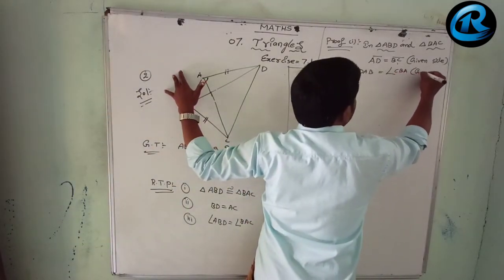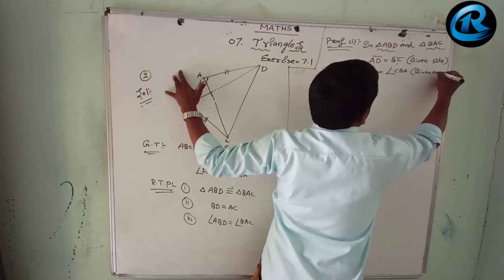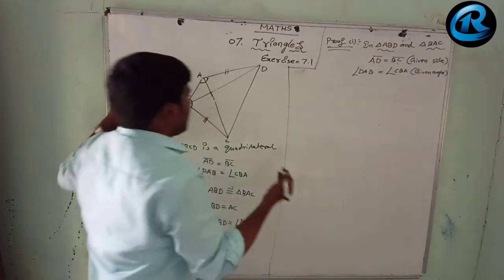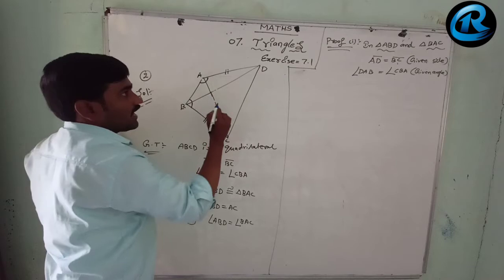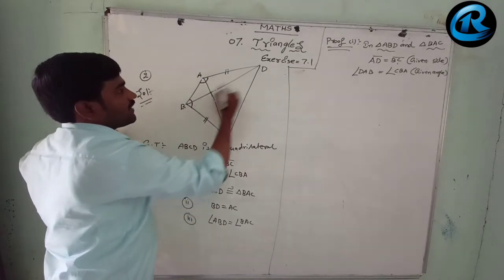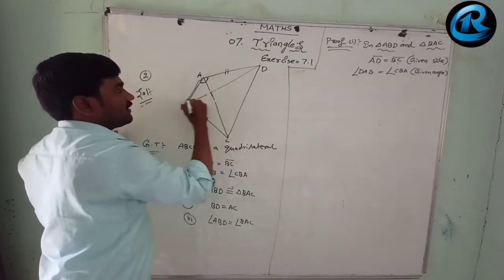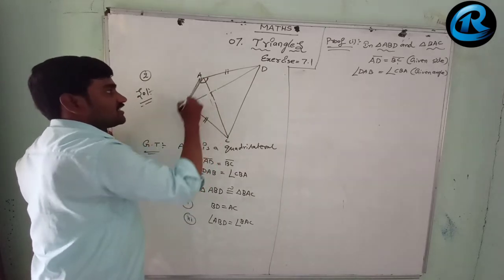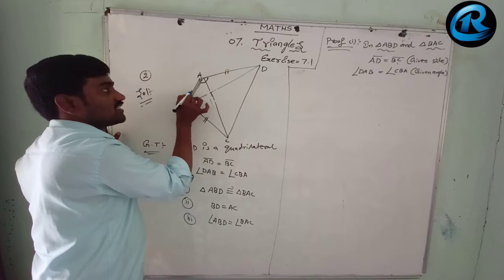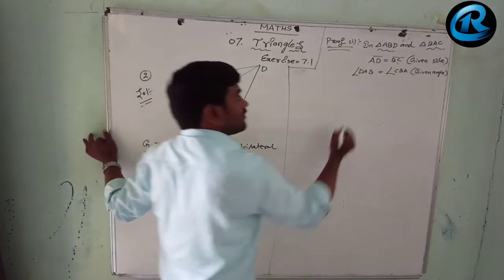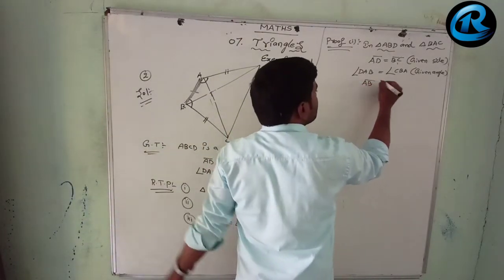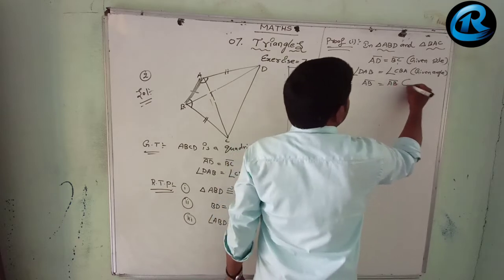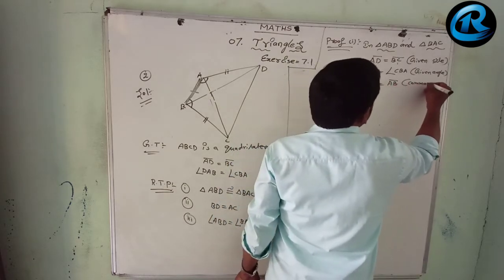So this is a given angle. And if you observe, angle ABD and angle BAC, this side is repeating twice, so this is called a common side. AB equals AB. It is a common side.